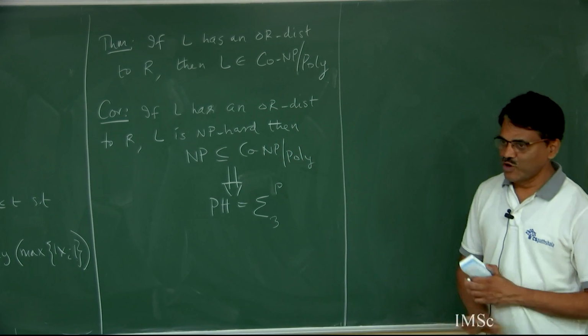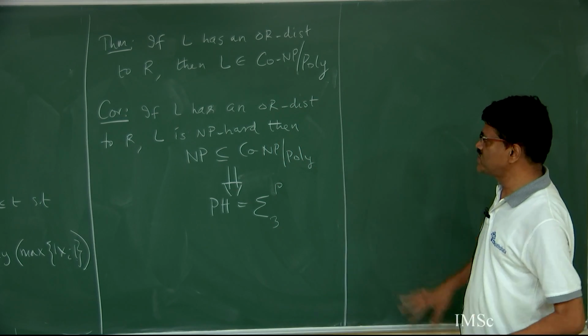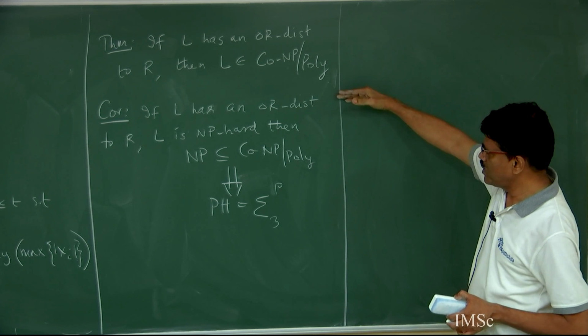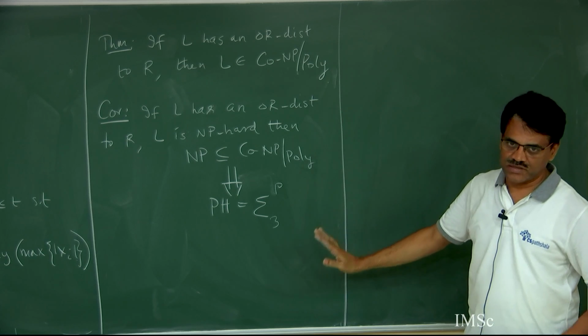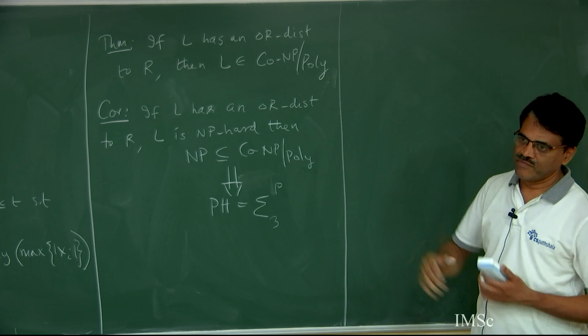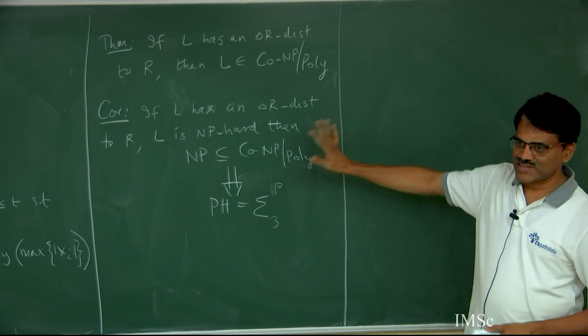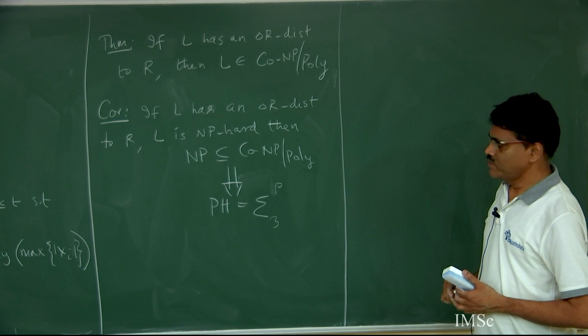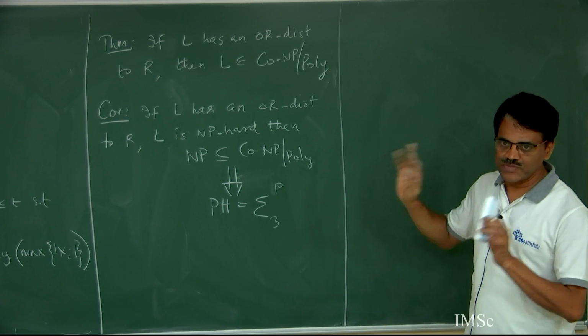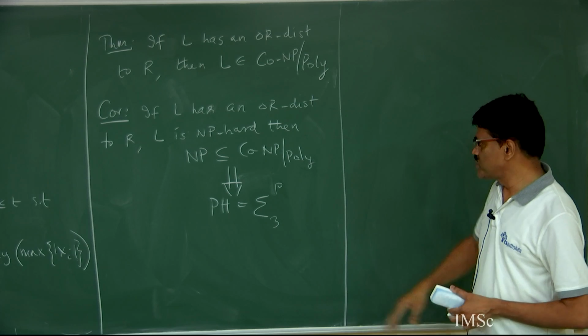So, what is the net message? You do not expect an NP-hard problem to have an OR distillation, because if that happens, something unbelievable happens. Think of it as like P equal to NP, something which people do not believe. Some sort of a complexity collapse happens if this happens.